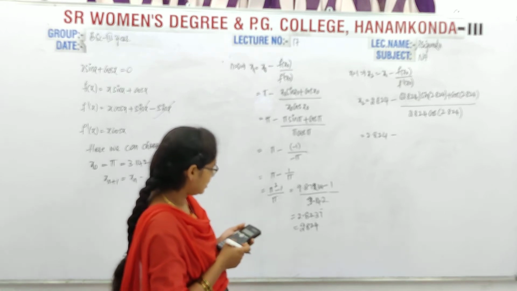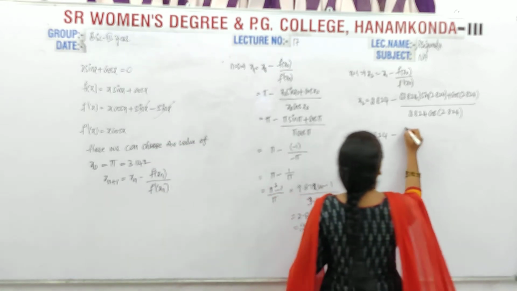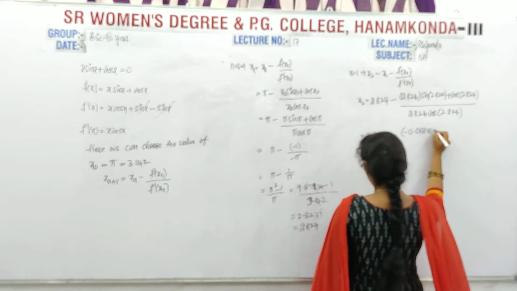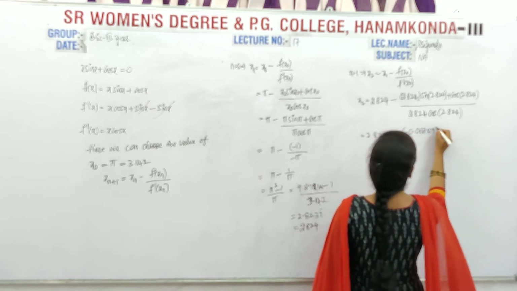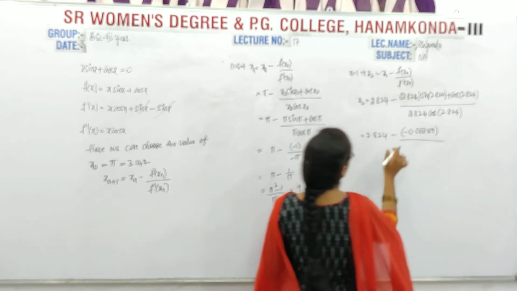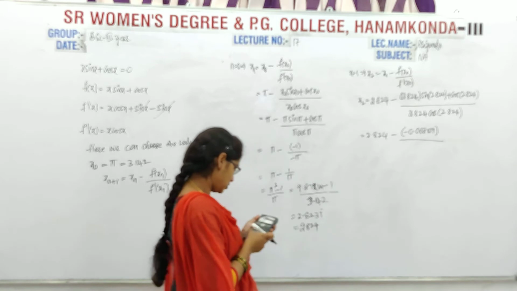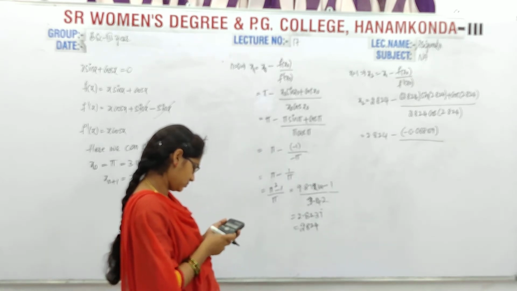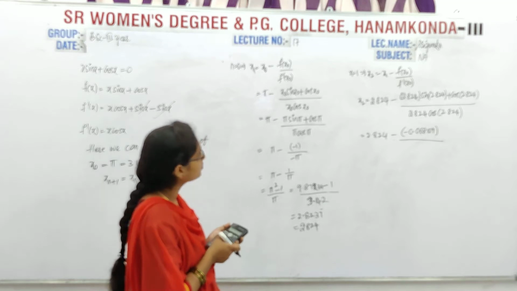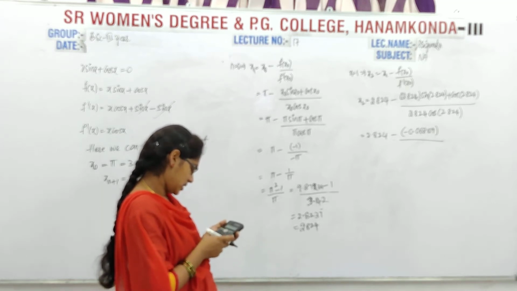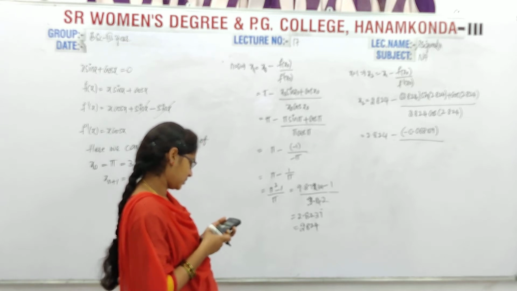Now we have one value that is nothing but minus 0.068109, whole divided by again 2.824 into cos 2.824.